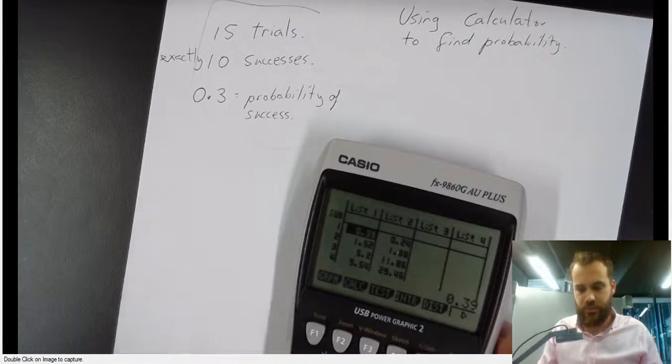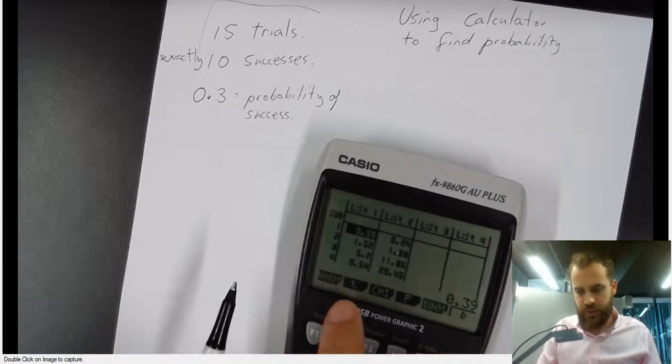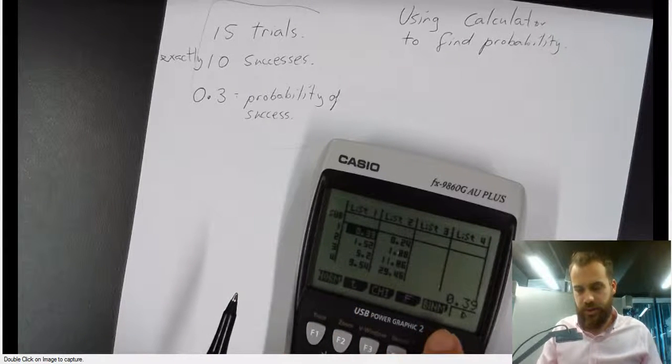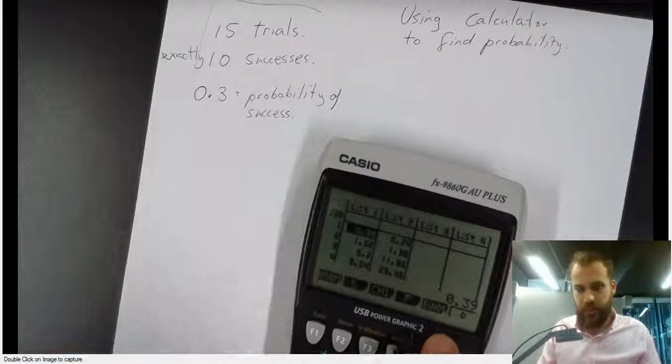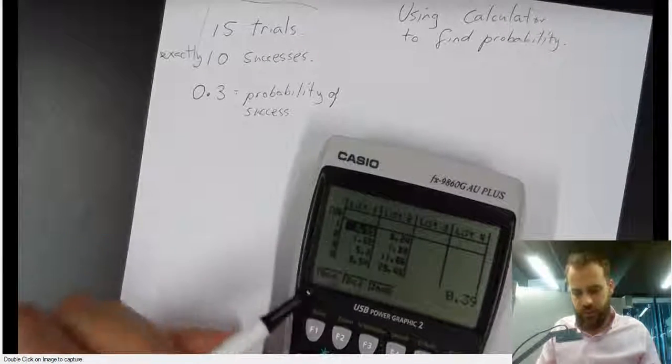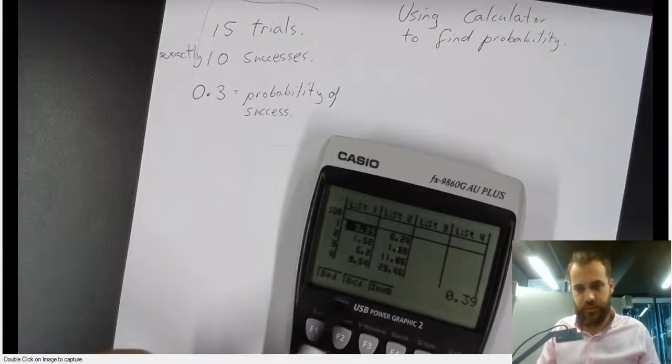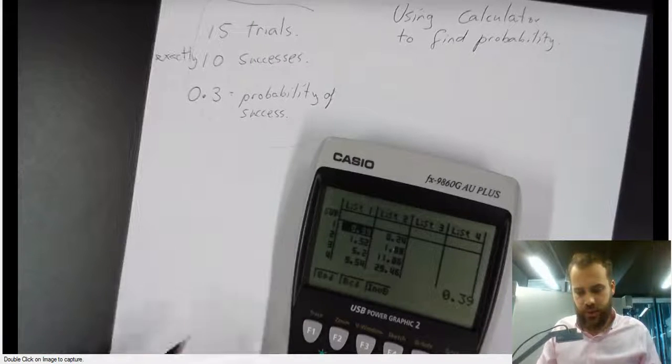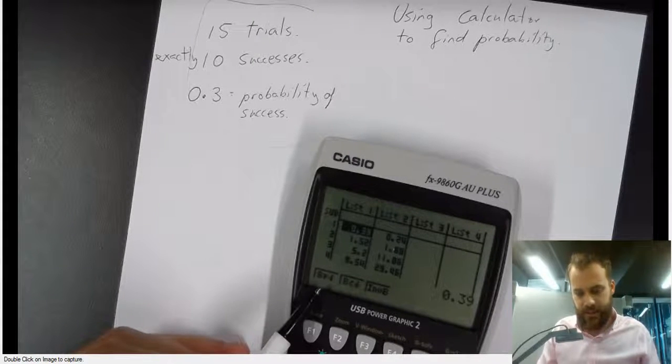So press your distribution button, and then it'll give you a bunch of different distributions. The distribution we're interested in is the binomial distribution. And then it'll give you 3 options. We're going to use all 3 of those options, but for this particular question, we're going to use this one, BPD.